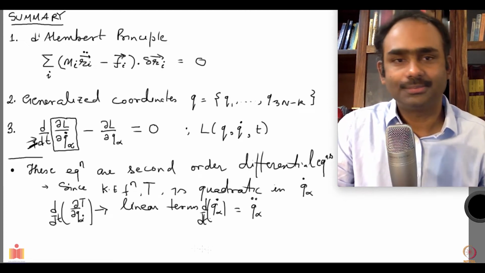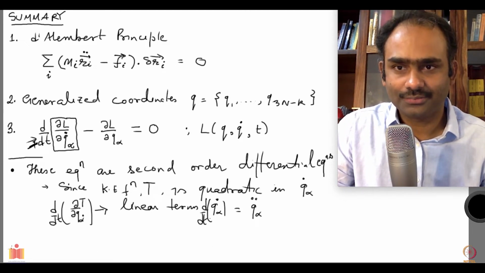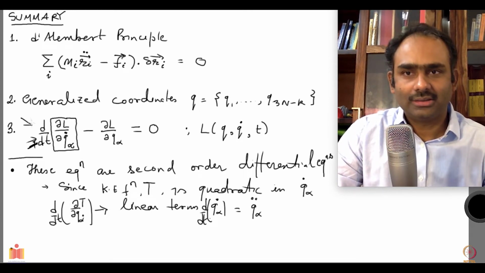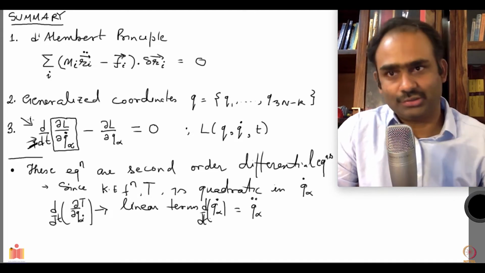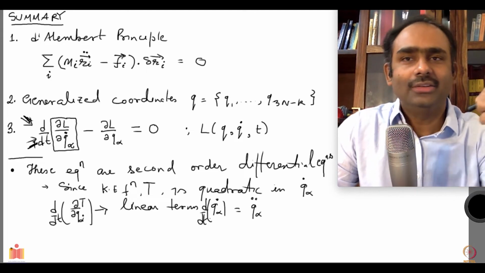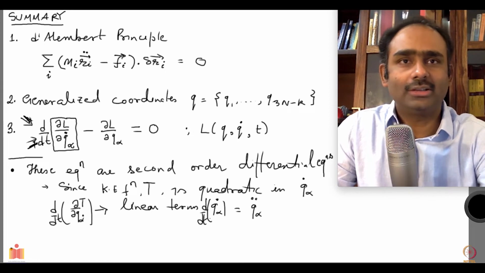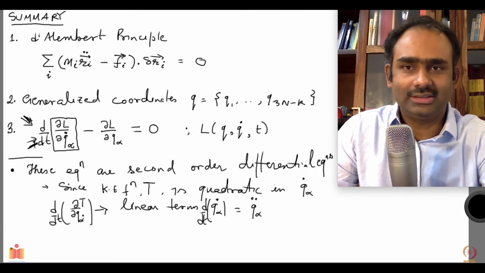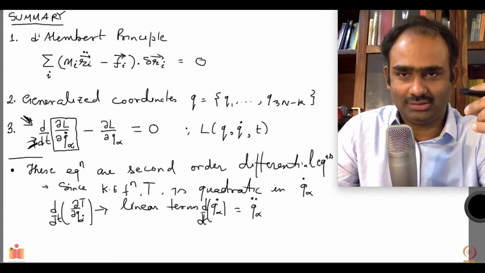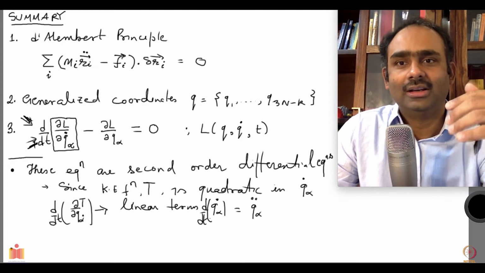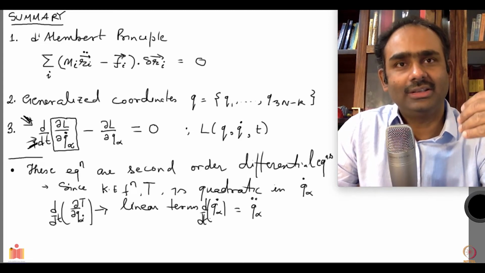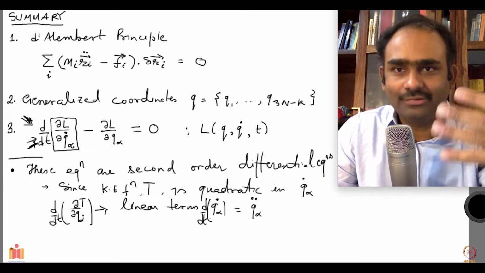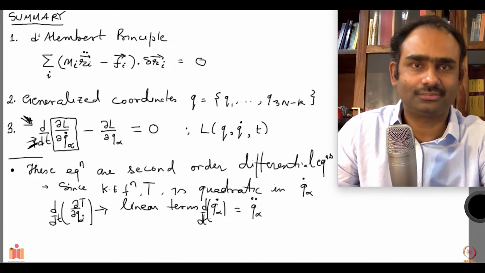Also note a very important property here: in writing down these Euler-Lagrange equations of motion, we never appealed to any special property of the generalized coordinates. There was nothing special about the coordinates which gave us this form. If instead of choosing q alpha, we had chosen some other set, q alpha prime, we would still have gotten the same form of the Euler-Lagrange equations.